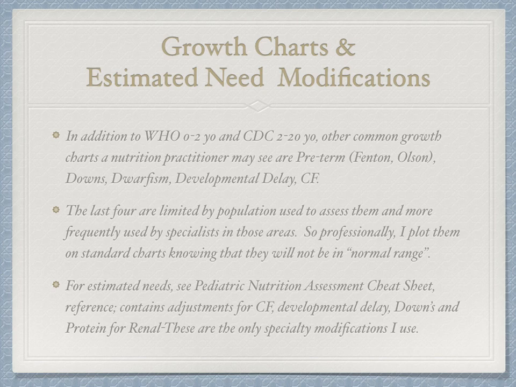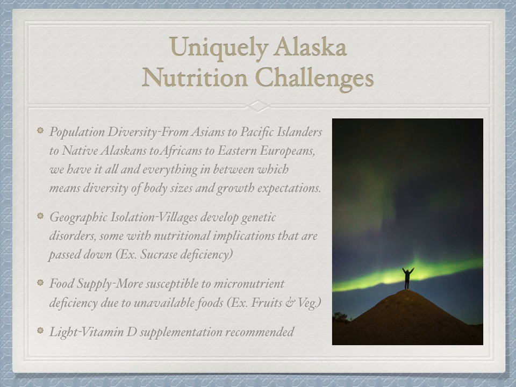For renal disease, the protein needs are modified based on whether they are on dialysis or not and severity of the disease. These honestly are the only specialty modifications I use generally, and then I can avoid using complicated equations that I may or may not have accurate anthropometric data for.